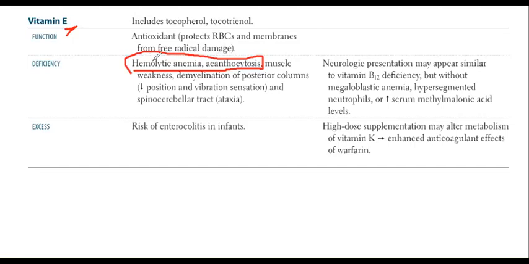So that is why we will see this hemolytic anemia where RBCs will be breaking down. Okay, and when the RBCs are breaking down, the hemoglobin level will be low, so you will see anemic patients. Got my point? Then you see demyelination of posterior columns and spinocerebellar tract.